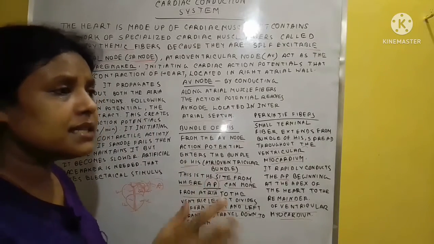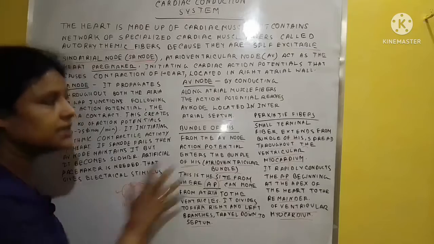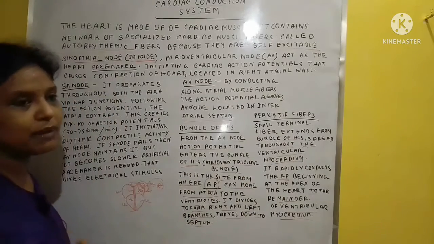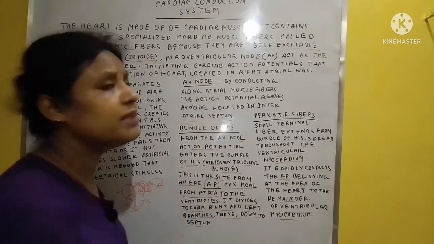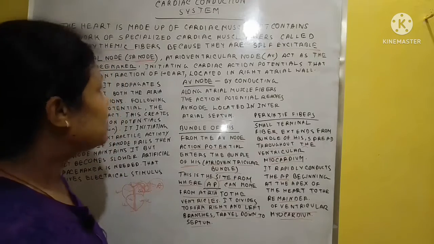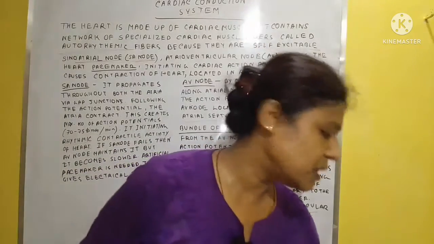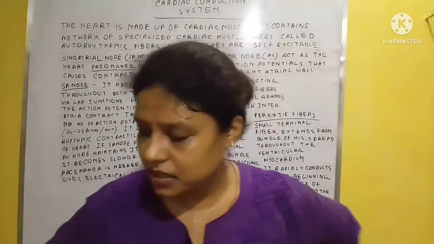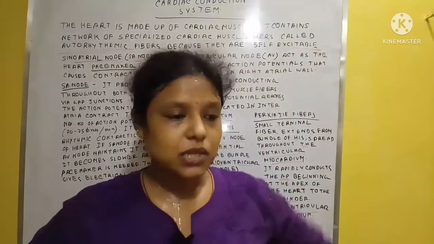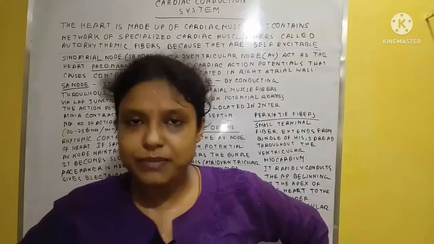That means in the absence of the AV node, they cannot control the heart's pumping system, because rhythmicity slows down. So that's why the cardiac conduction system is possible. We learn here that the cardiac conduction system is possible due to the presence of these fibers.